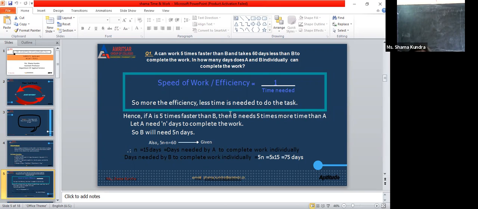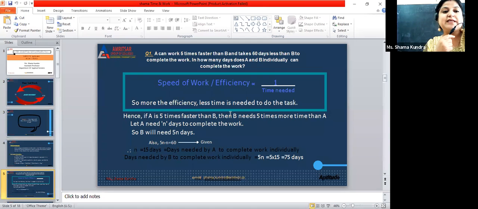Now let us see what they have given. They say A takes 60 days less than B to complete the work. That means we don't know the number of days for both of them.